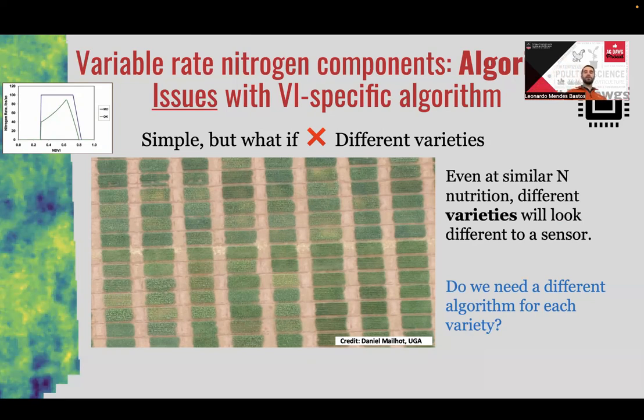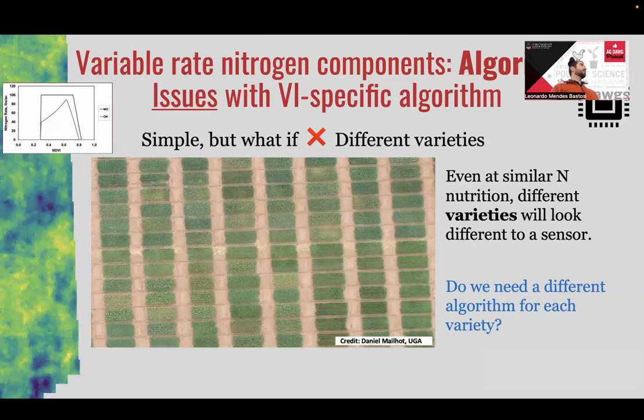And in this case, I'm showing you an extreme case in this picture, which is a hybrid trial for corn. We may have, I don't know how many different hybrids in this picture, but what if a grower for some reason is planting a few different hybrids in their own field, right? And then you take an image of that field and you see different coloration because of hybrids.